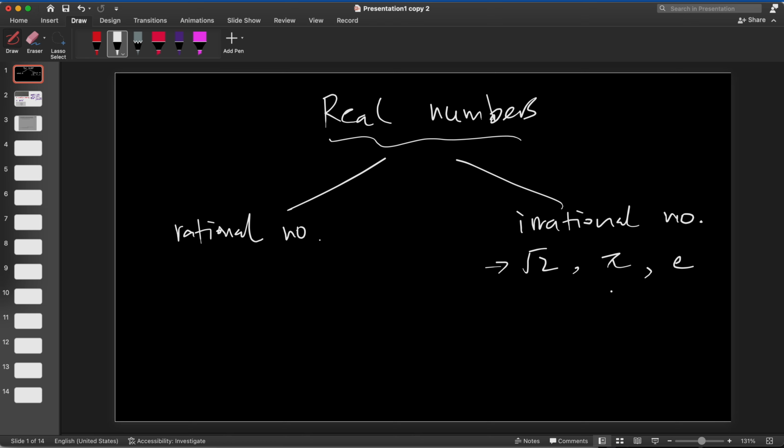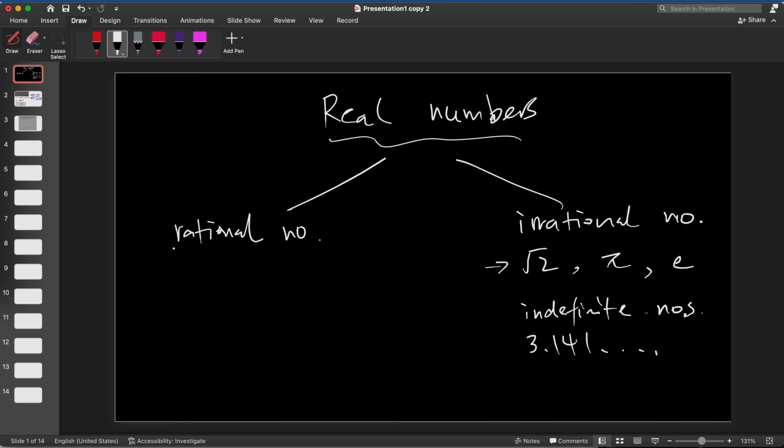If you press all these into your calculator, you will find that they are indefinite numbers. Right, which means like for example, pi, you're going to get 3.141. There's no pattern, and it's non-stop. All right. So indefinite numbers are called irrational numbers.